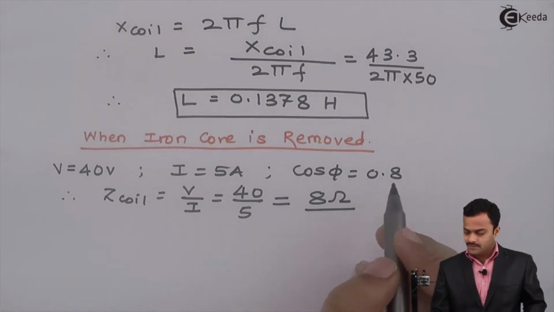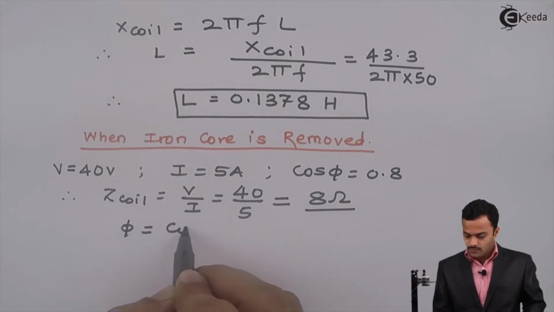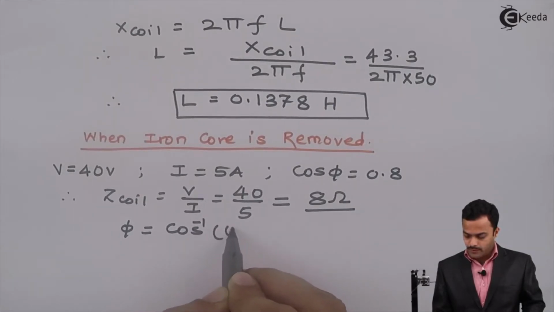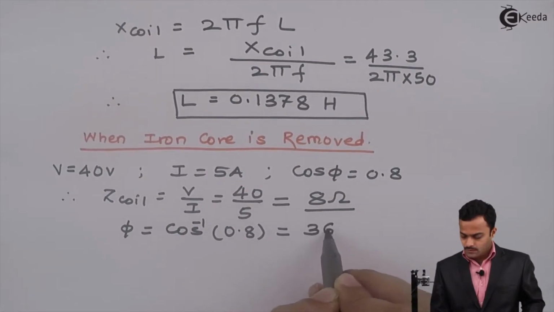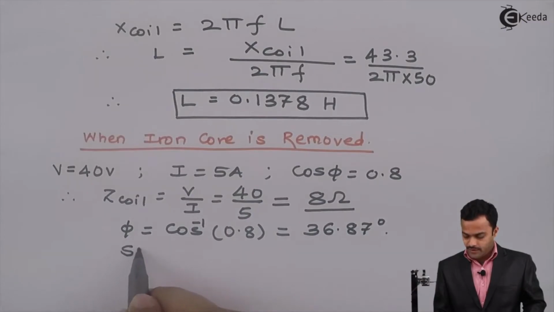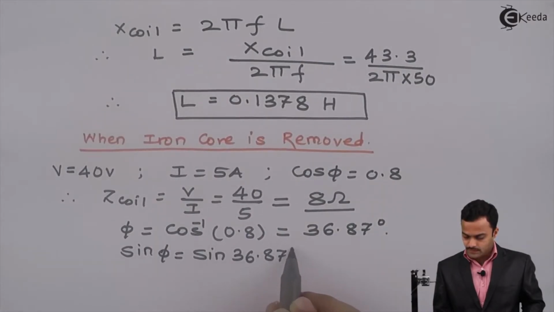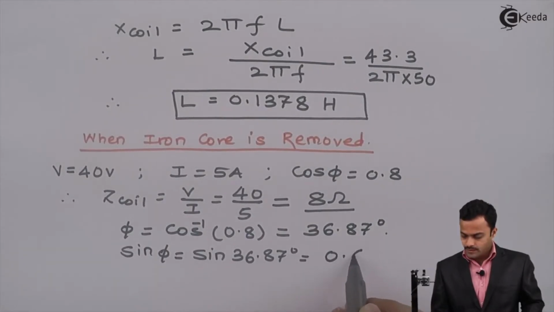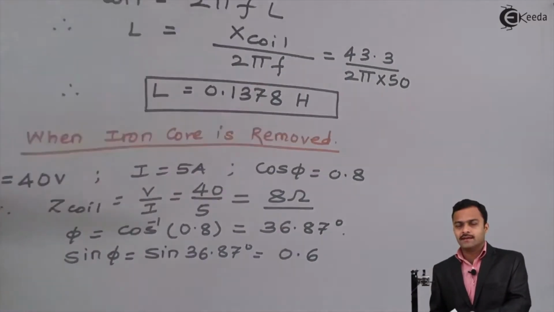Similarly, from cos phi, let's get the value of phi. So phi equal to cos inverse of 0.8, which is equal to 36.87 degree, and sin phi will be sin 36.87 degree, which is 0.6, because we are going to use sin phi and cos phi in order to get resistance and reactance.